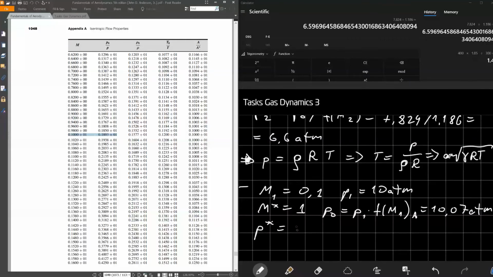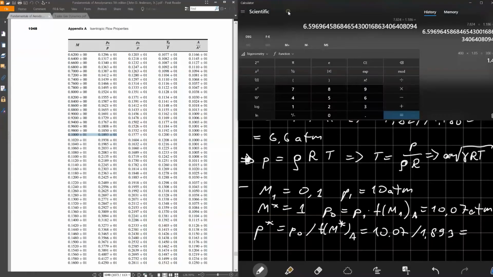The pressure will be equal to P0 divided by the function of the characteristic Mach number from appendix A. So it will be 1007 divided by 1.893. Okay, approximately 2 times smaller than the stagnation pressure, as you remember. That's 532 ATM.